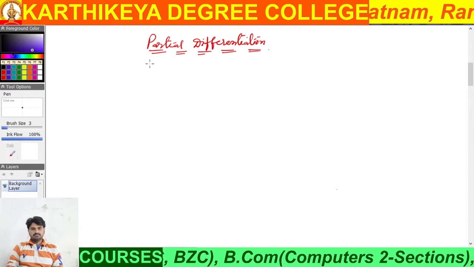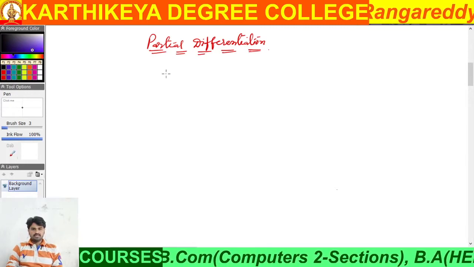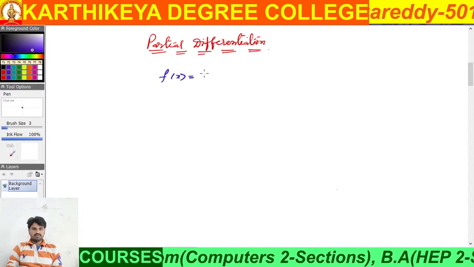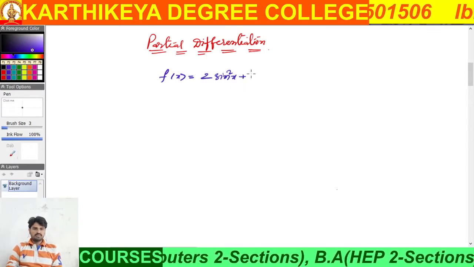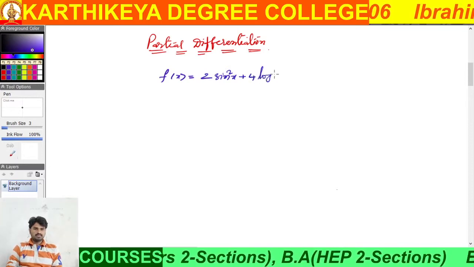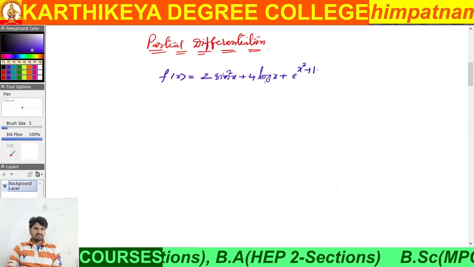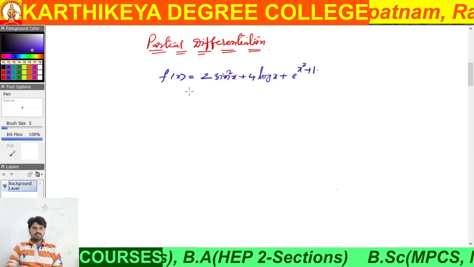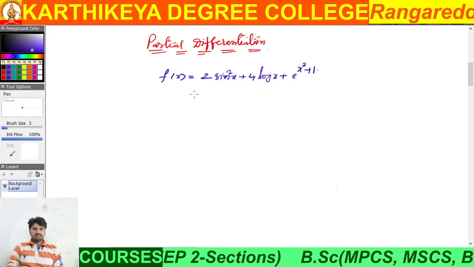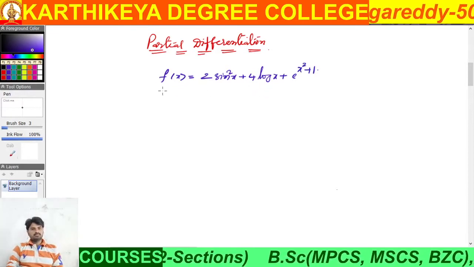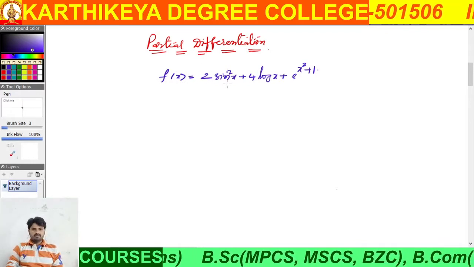For example, consider a function f of x is equal to 2 sine square x plus 4 log x plus e to the power of x square plus 1. So this is the function given. Observe, students, this is the important content. How to find the derivative of this function with respect to the variable given.